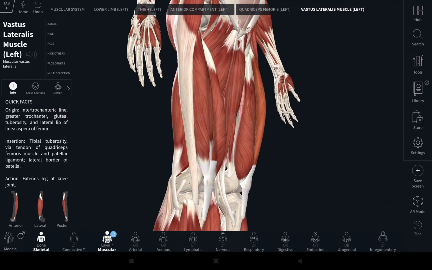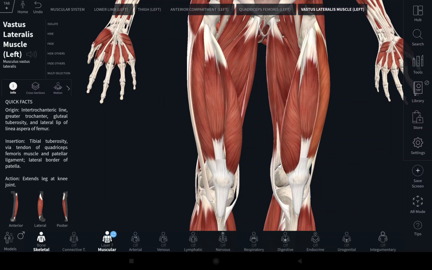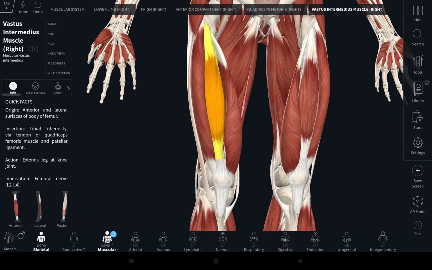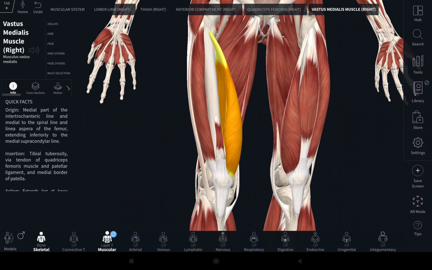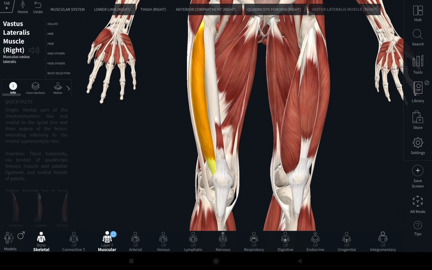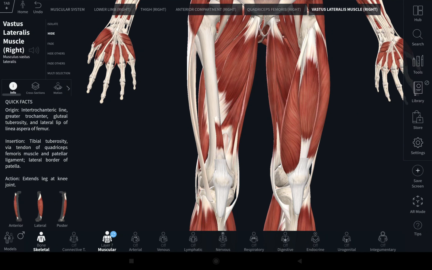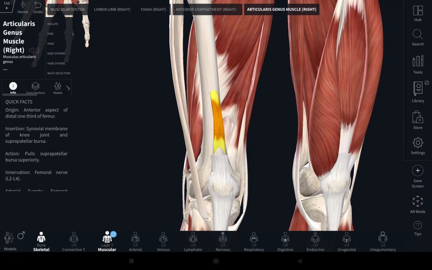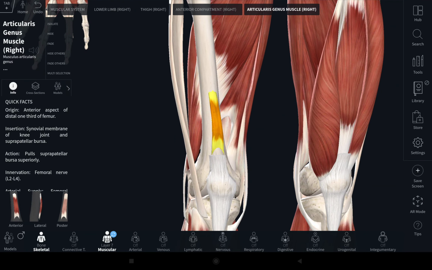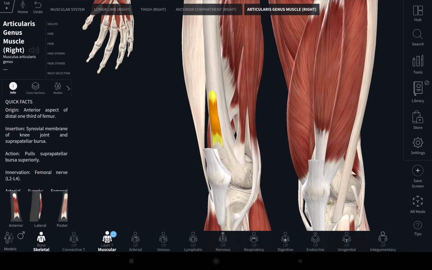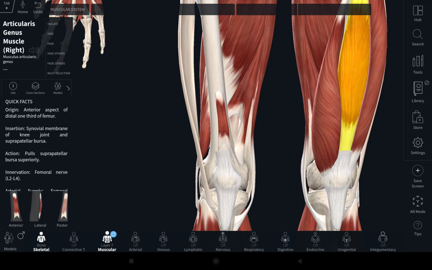If we remove the vastus muscle, then a muscle is exposed which is called the articularis genus muscle. This muscle is the articularis genus muscle.